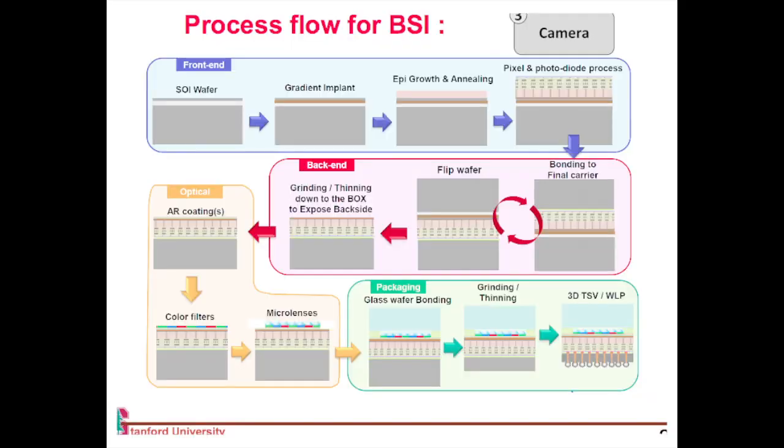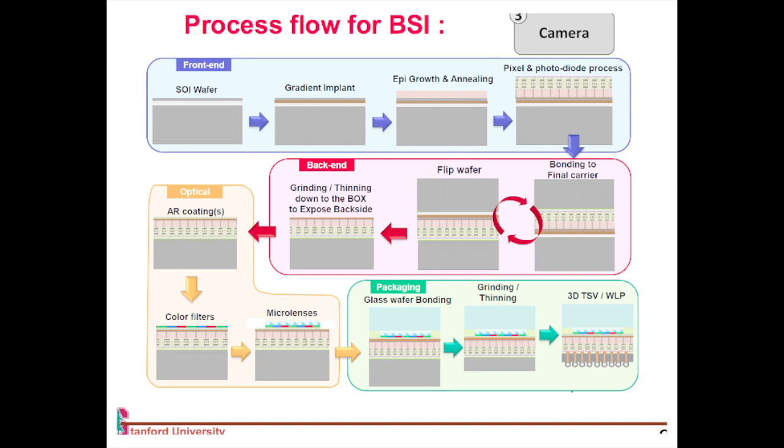So how is this enabled? The process flow is relatively simple. Instead of having a bulk wafer, you start from an SOI wafer, and you make your image sensor. You make those multiple levels of interconnects, and when you are done making an FSI kind of sensor, you bond it to another piece of silicon on the top, flip it around, and remove that initial silicon wafer.